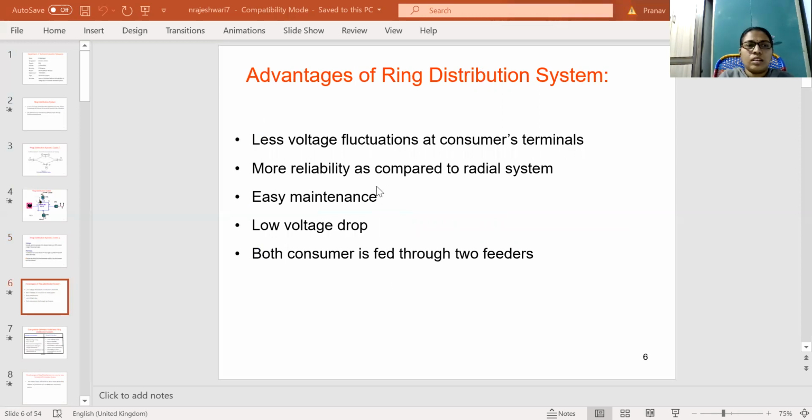A few more advantages of ring distribution systems are less voltage fluctuations at consumer terminals, more reliability than the radial system, easy maintenance, low voltage drop, and each consumer is fed through two feeders.